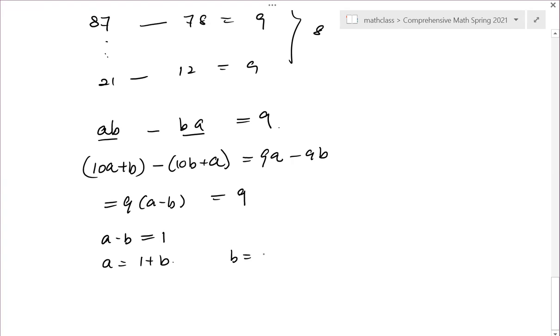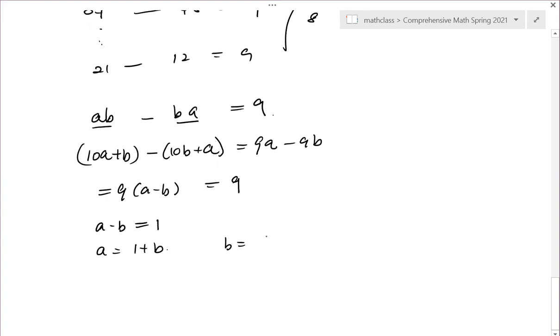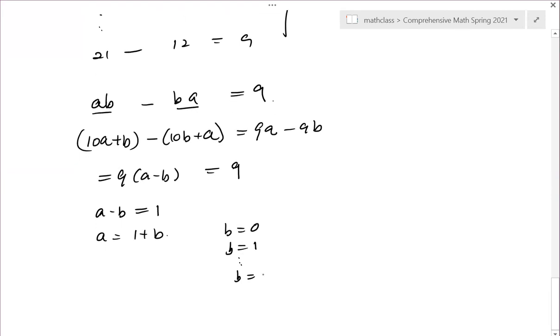So B could be positive digits. B cannot be 0, right? Let's see how many positive digits. If B is 0, then A equals 1. If B equals 1, A equals 2, and so on. B cannot be 9, because if B equals 9, then A equals 10.